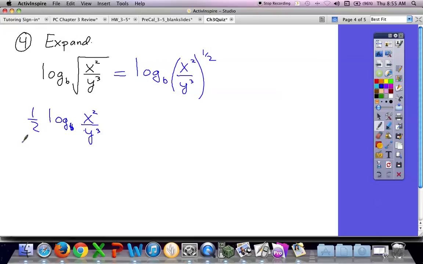Okay, and then did a quotient property, so it became 1/2 times log of x squared minus log of y to the third. And some stopped at that point, but you're not done yet, right? Now, you can now use the power property on each one.